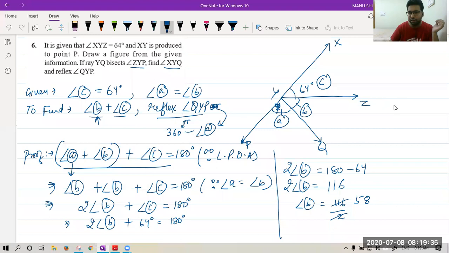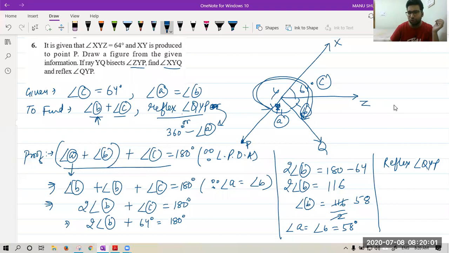Now we have to find this reflex of QYP. Very easy. We can say angle A is same as angle B given to us, so both are 58. So the final answer for the second part, reflex QYP, this complete angle from here to here, is 360 minus angle A. So this is 360 minus 58.